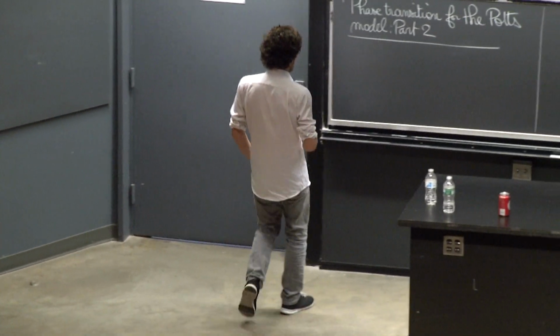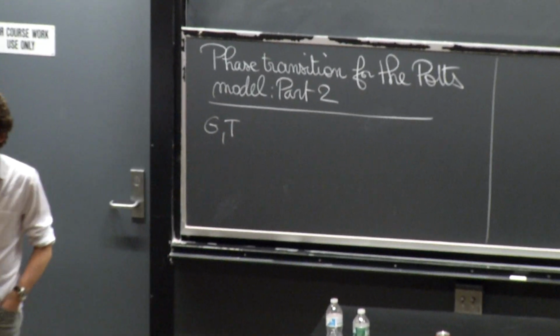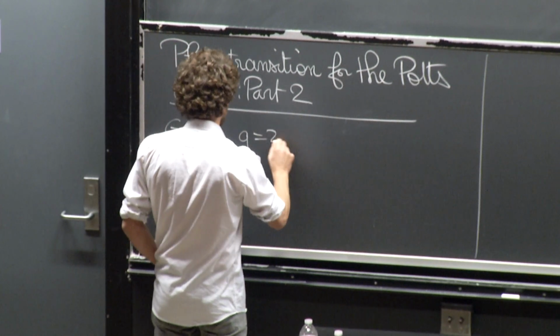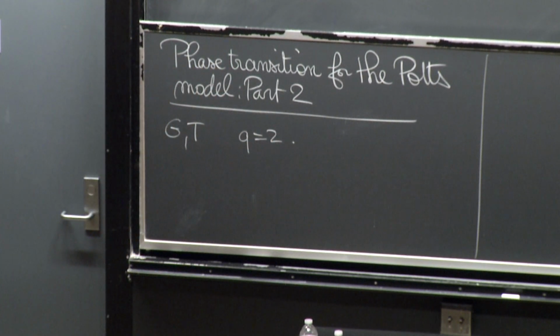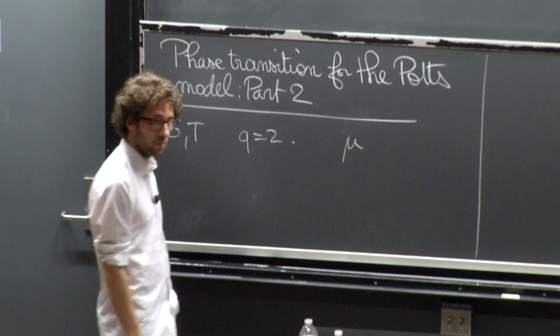So first, let's fix G and the temperature T. I'm going to only look at the Ising model, so it's Q equal 2. And because I'm going to stick to G fixed and T fixed, I'm going to just drop them from the notation. So I'm going to say mu is the Ising measure.